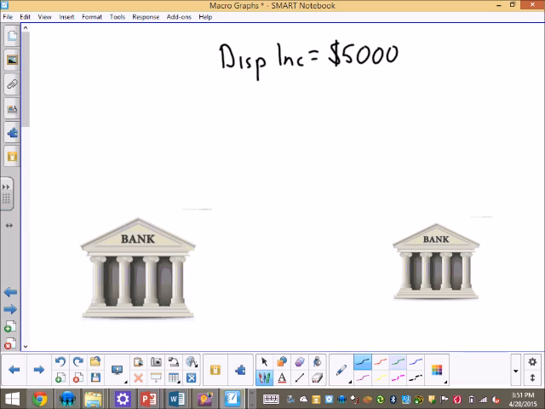Now, if that's the situation, let's say that you use $4,000 for consumption spending. Okay, I hope you guys see these equal signs for 4,000. I'm going to say that the marginal propensity to consume is, stated, not asking you to calculate it, 0.8.